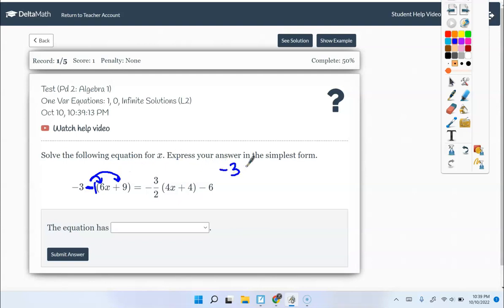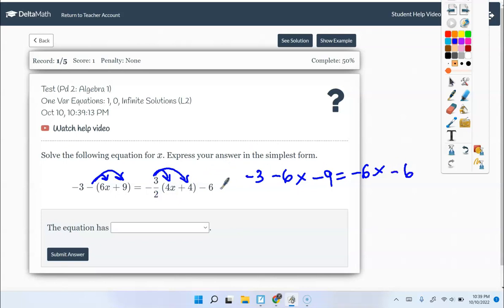So the -3 stays, and the invisible -1 is what's getting distributed. So the left side will be -3 minus 6x minus 9, and the right side will be -6x -6, and then minus 6 from outside.